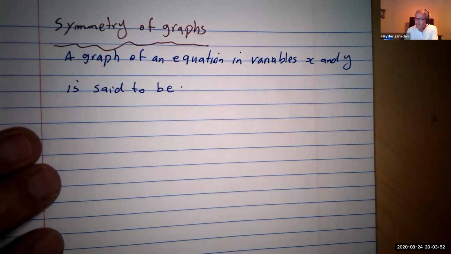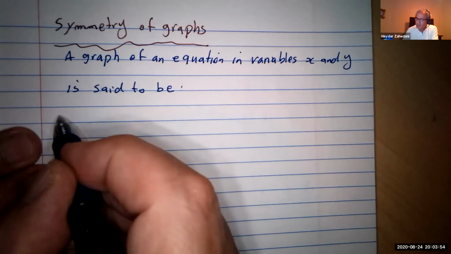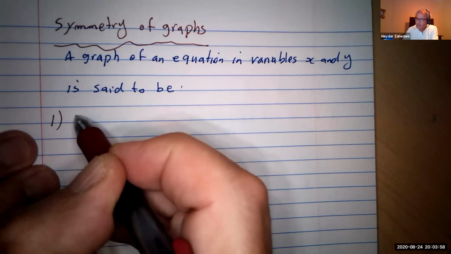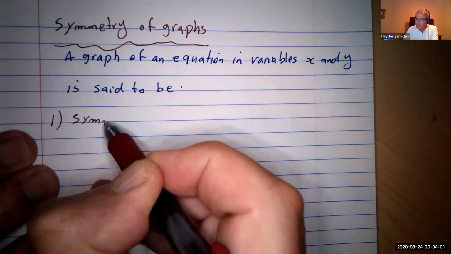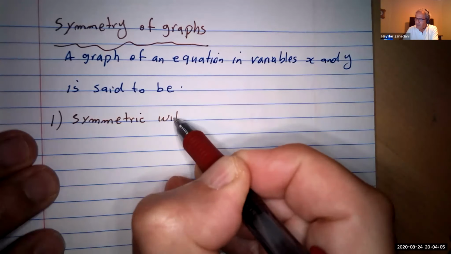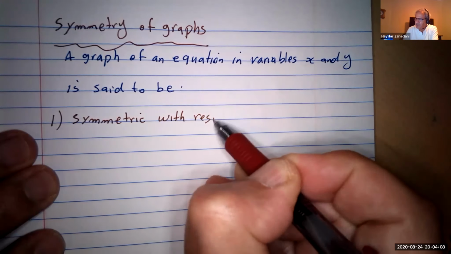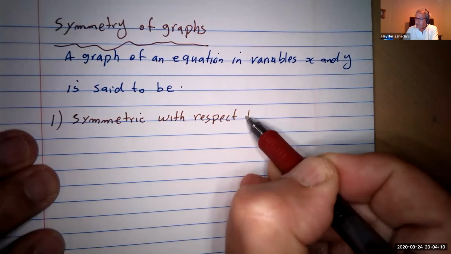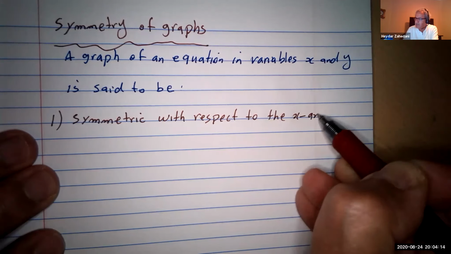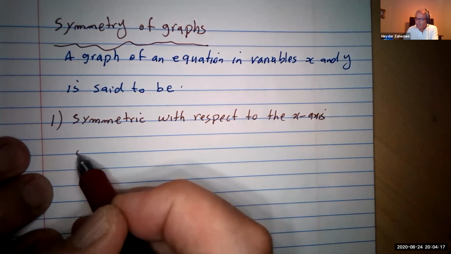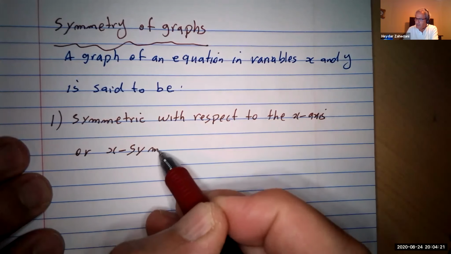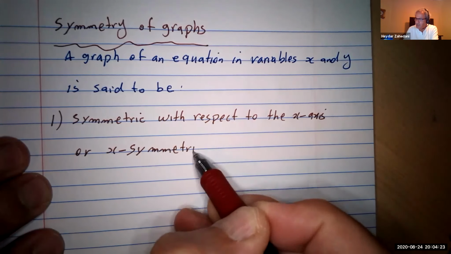How can we? Is said to be symmetric, the first part, part 1, symmetric with respect to the x-axis, or just x symmetric.